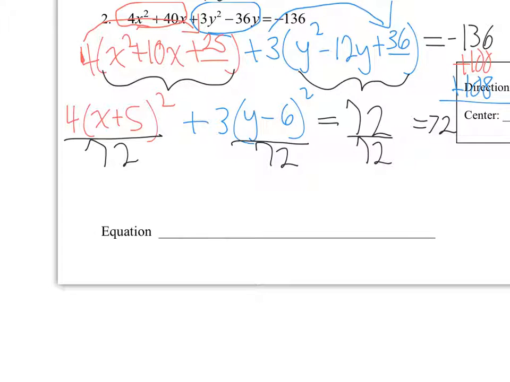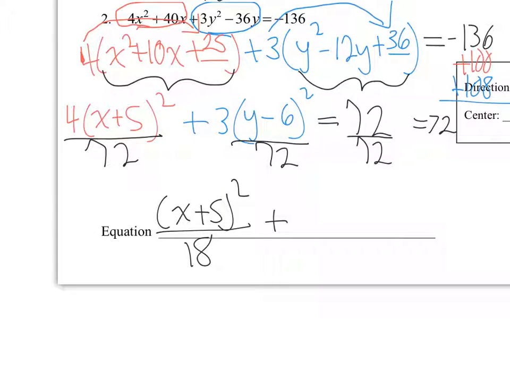That would give us 1 over 18. So I'm going to rewrite this, not putting the 1 in front this time, as x plus 5 squared over 18 plus, okay, what does 3 over 72 reduce to? 3 over 72 is 1/24.